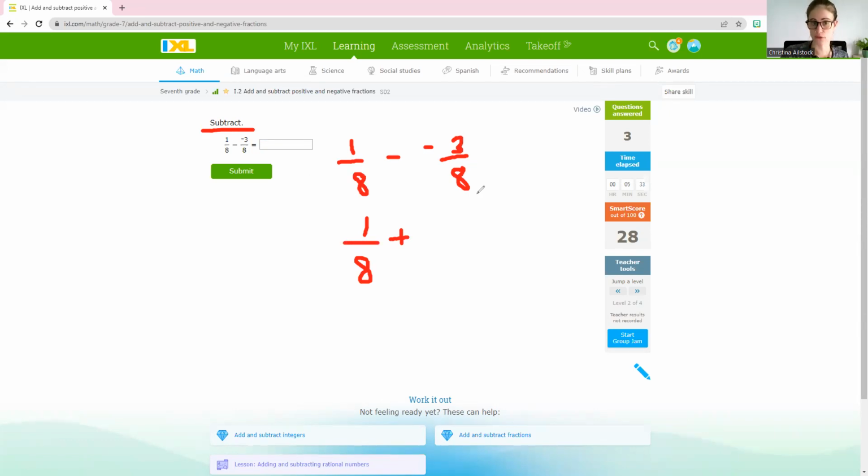So this negative 3/8 would become a positive 3/8. Look at that. Both of my signs are positive, so we can add and keep it positive. 3 plus 1 is 4, giving us 4/8, otherwise known as 1/2. And IXL will accept either answer.